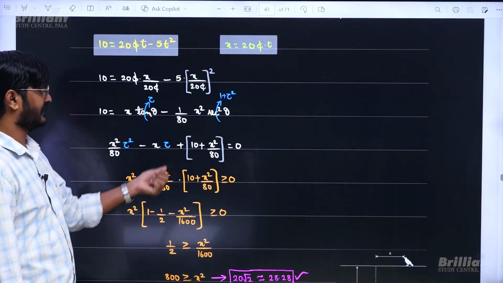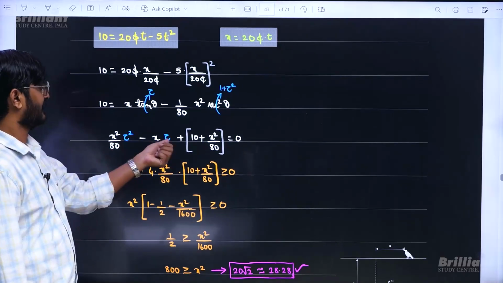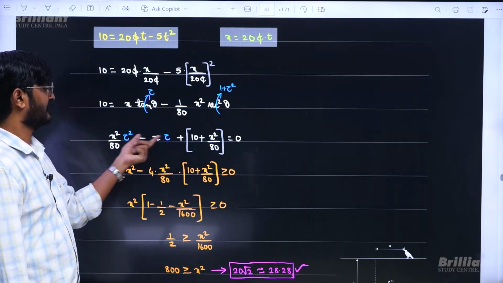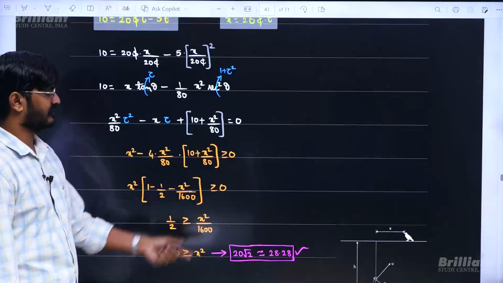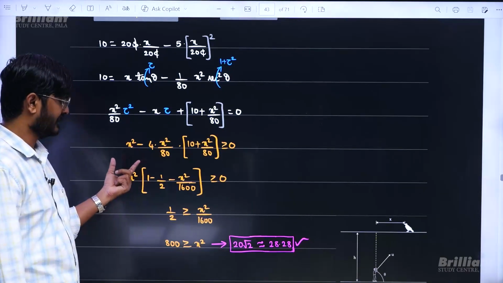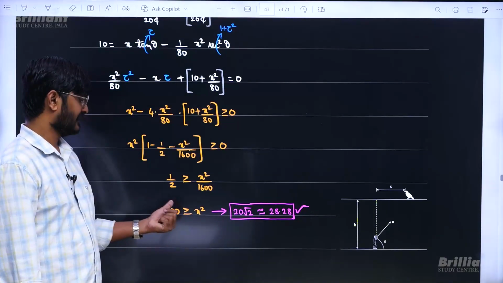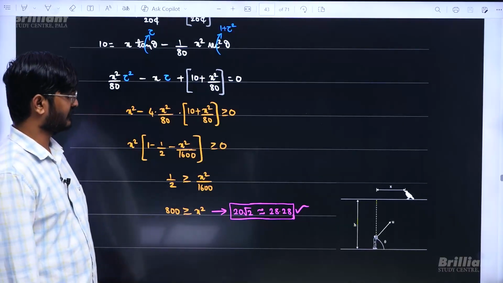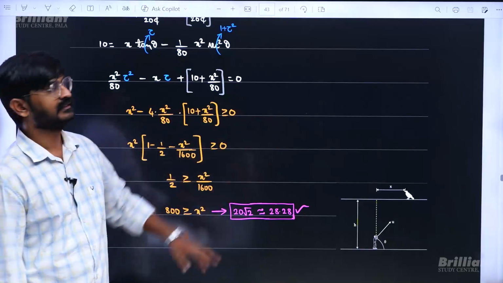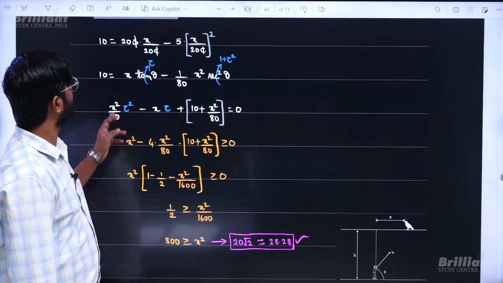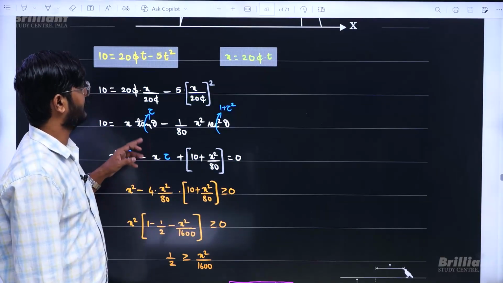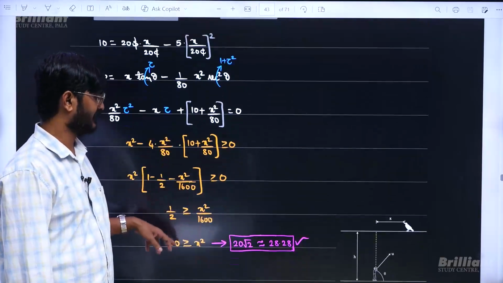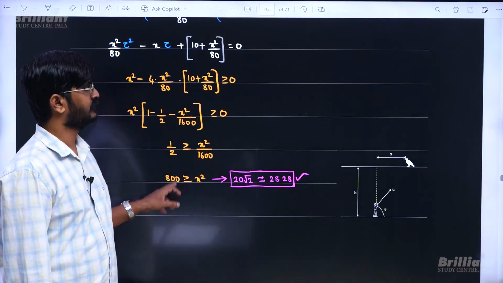Once you see quadratic in tan theta, for real values of tan, b square minus 4ac should be greater than or equal to 0. When you do that, you will get x square should be less than or equal to 800, or x magnitude wise should be less than 20 root 2. So the maximum value of x for which y is going to be 10 units is 20 root 2.